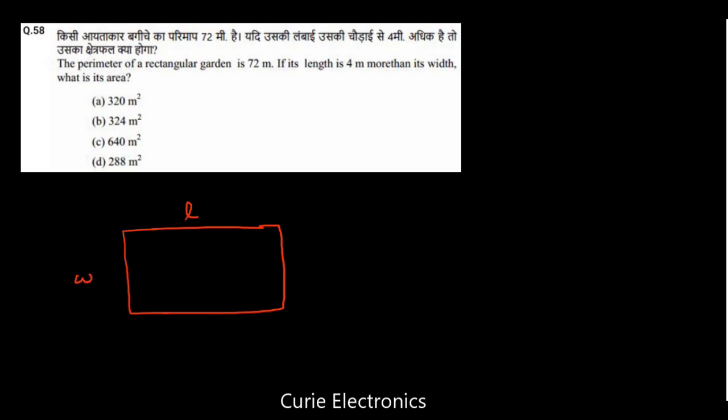Its length is 4 meter more than its width, so length equals 4 meter plus the width. Now what is the total perimeter of the garden?